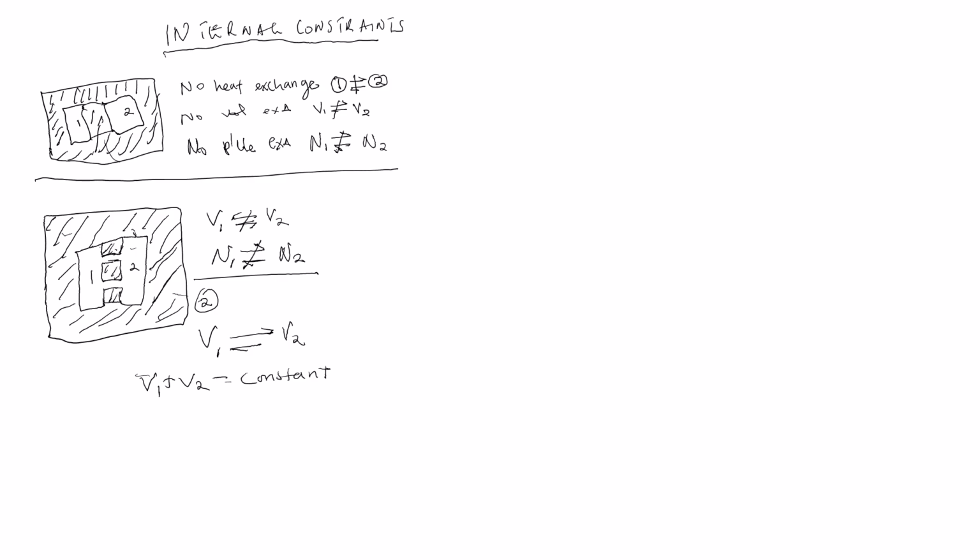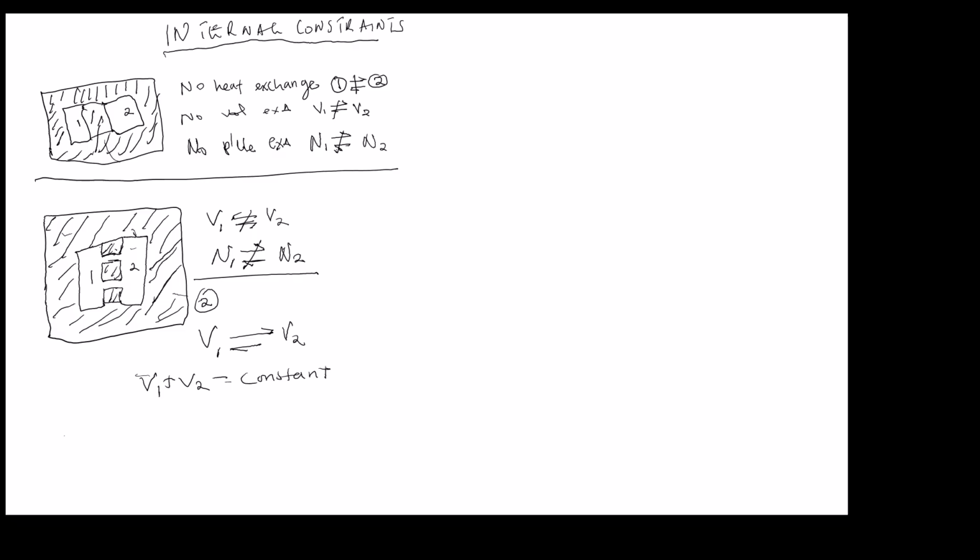We are looking at, for example, a situation whereby subsystem 1 has a volume of 20 cubic meters, that is V1, and say V2 is 40 cubic meters.